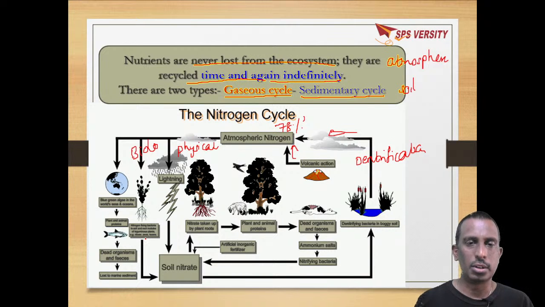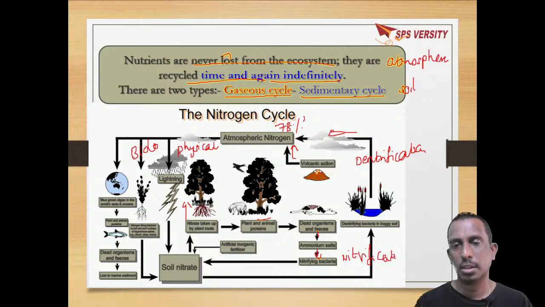Then it is absorbed by plants through roots. From plants it reaches animals, and when they die, the detritus is converted into ammonium salts by ammonifying bacteria, the ammonification process. The next process is the nitrification process.